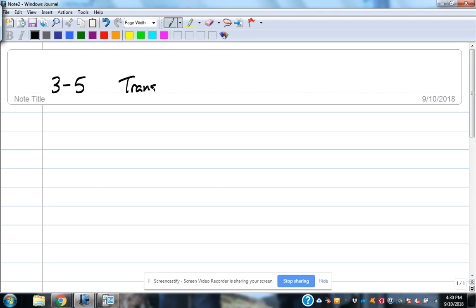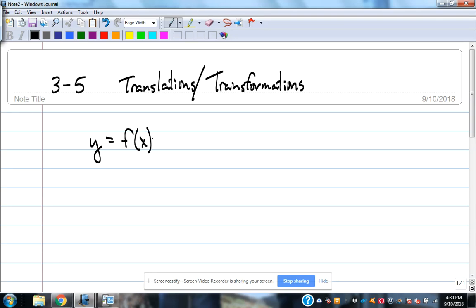So translations and transformations. All right. y equals f of x. We know that y and f of x are the same thing. This is what we're calling the parent function.